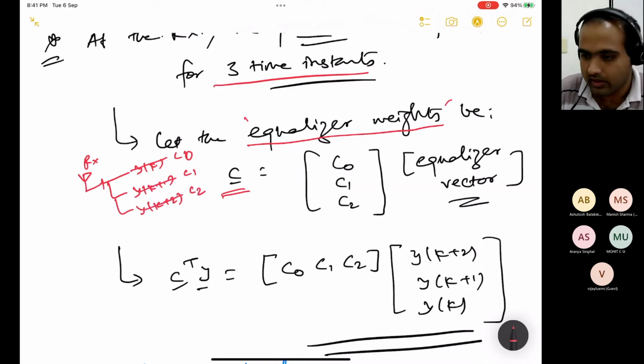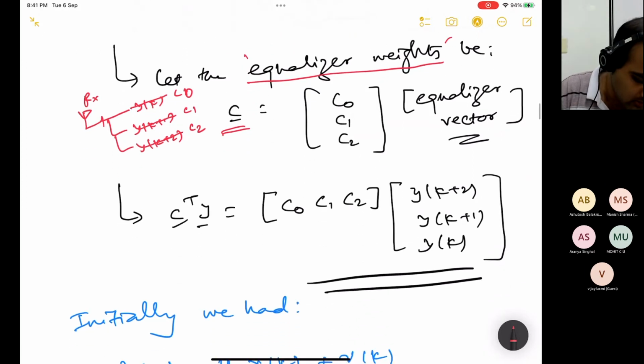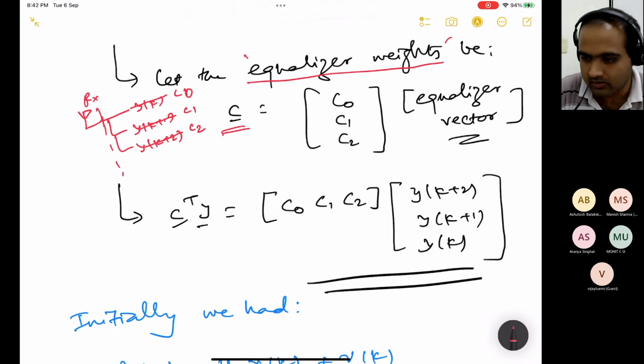So it is kind of tapping. From that analogy, this is my receiver end, and here we are post-processing the outputs which we are receiving.